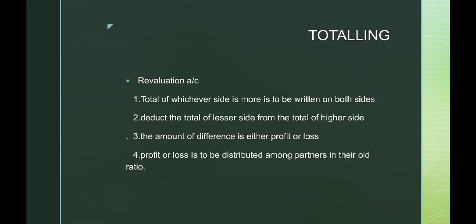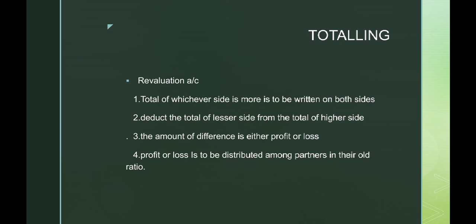What is the second step? You will deduct the total of the lesser side from the total of the higher side. And the amount of difference is either profit or loss. And that result is to be distributed among partners in their old ratio. Yes?